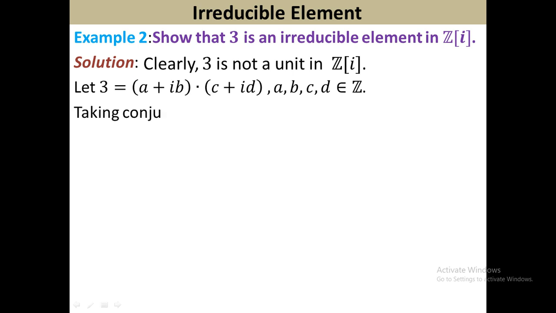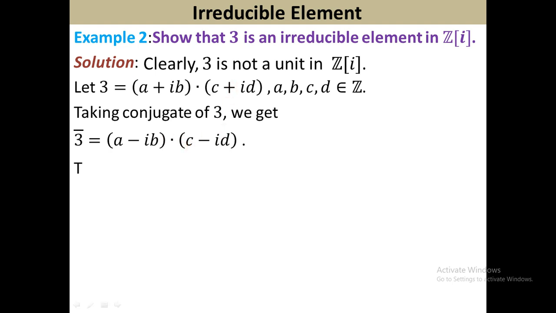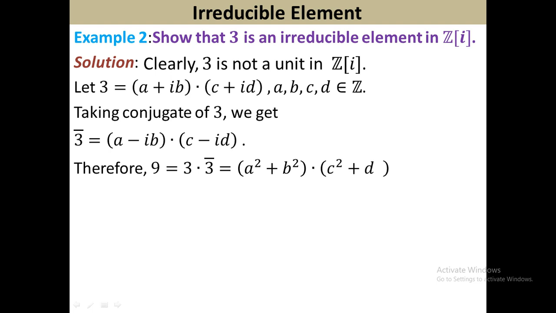Now taking the conjugate, 3 bar equals (a minus ib) into (c minus id). If you multiply 3 into 3 bar, since 3 is a real number, it will be 9. So 9 equals (a square plus b square) into (c square plus d square).